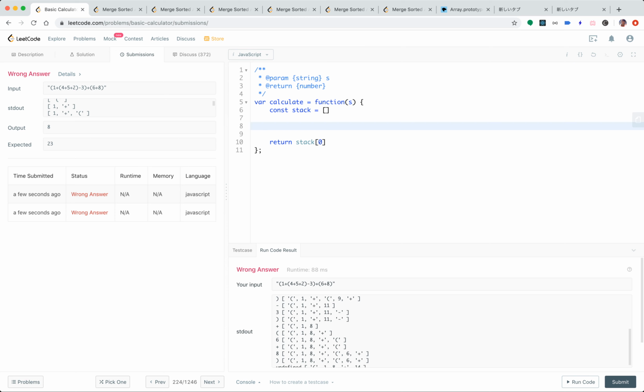So our thinking model is that we push it every time we meet something.